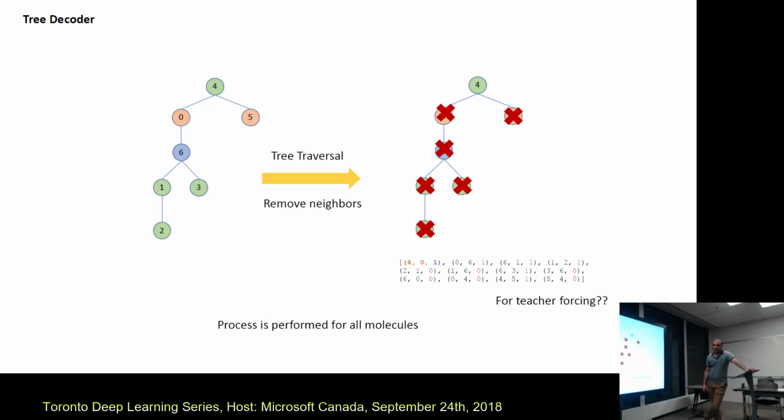What they do is they feed the junction tree to the junction tree decoder, and what the decoder does first is a tree traversal and collects some of the information from the junction tree, and then it removes all of the neighbors.